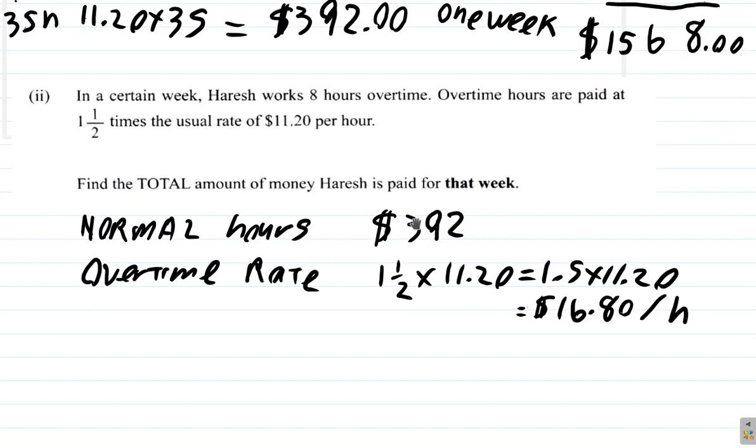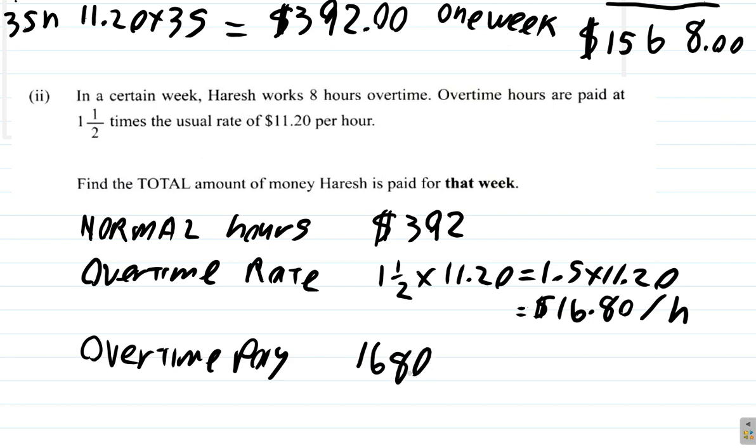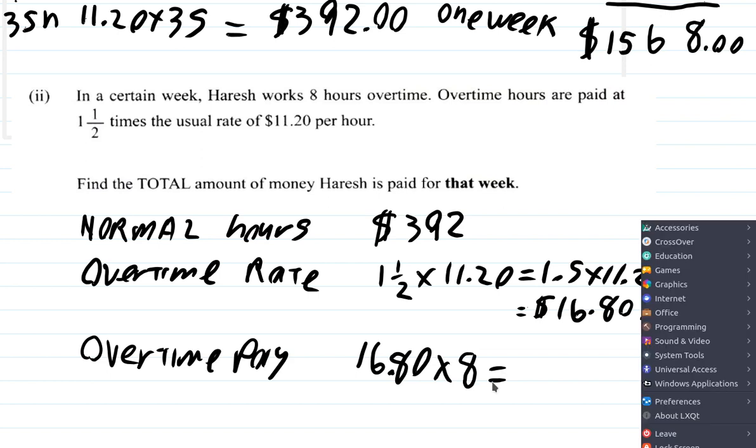He is paid for 8 hours overtime. So the overtime pay is $16.80 every 1 hour that passes. 8 hours pass, so you multiply that by 8, right?